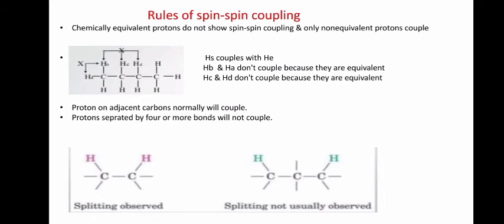Rules for spin-spin coupling. Chemically equivalent protons do not show spin-spin coupling, and only non-equivalent protons couple. Protons on adjacent carbons normally will couple. Protons separated by 4 or more bonds will not couple. Here, examples of splitting observed and splitting usually not observed are given.